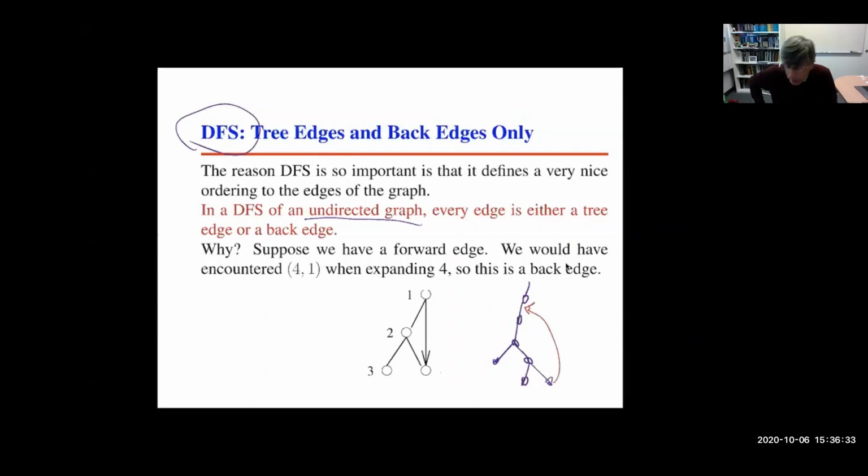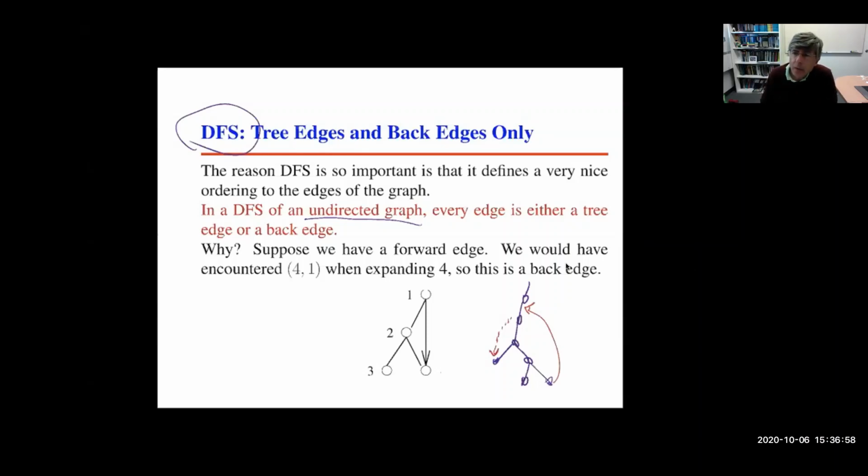If it goes to an ancestor, it is a back edge. If it discovers somebody, it is a tree edge. The interesting thing is that in a depth-first search on an undirected graph, you can never have a forward edge that goes to your grandchild.